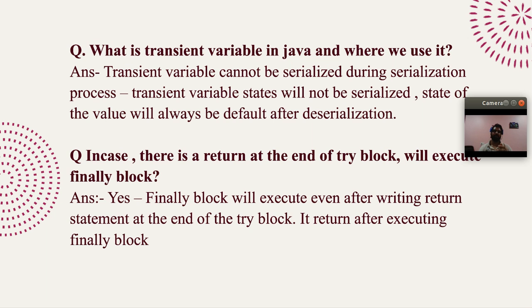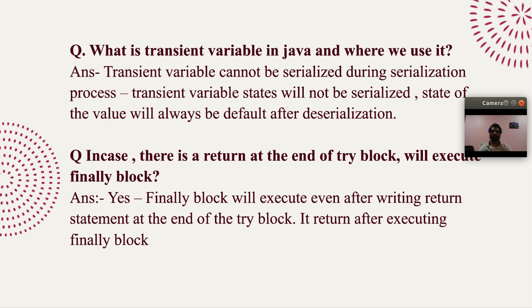So let's say that in the try block you opened some file, and if the exception came, then also it will execute the finally block, and your open file will get closed if you have written the logic to close that particular file, right? So the finally block is used for doing cleanup, or for closing some resources if you have already opened them, right? Because the finally block always gets executed.